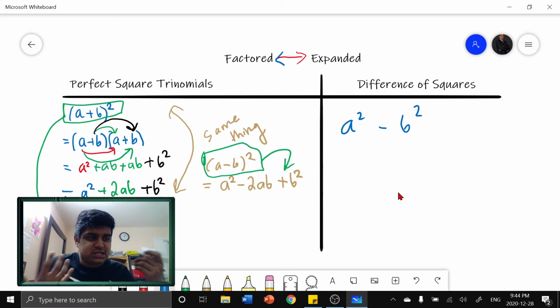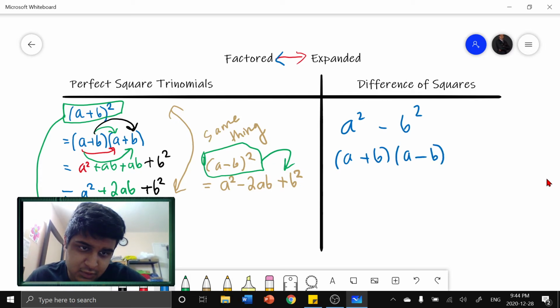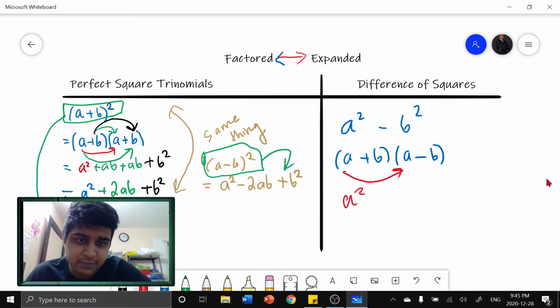So what does this end up as? Well, why don't we look at this in a technical way? If we actually were to expand this out, we would get the following. We would get a plus b, a minus b, right? And we know this because if we actually tried to do this, we would get the same situation as we had over here, where we would do a times a, which is a squared, okay?